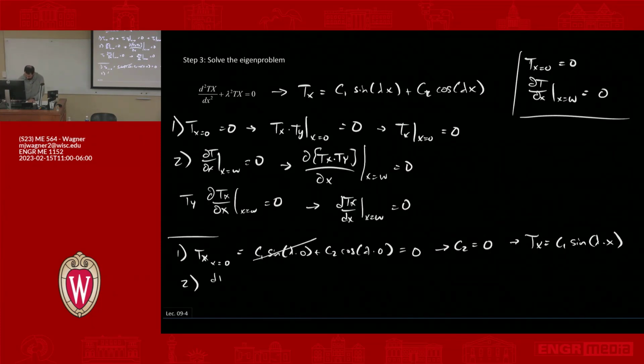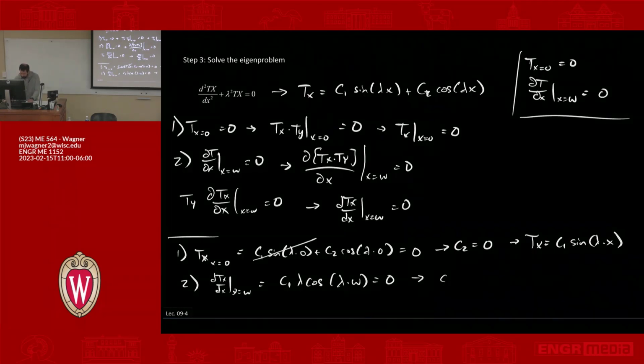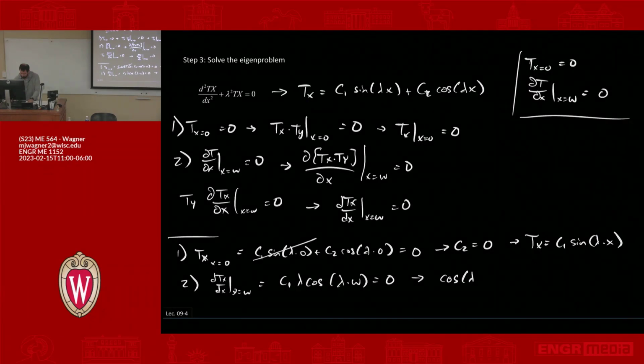So let's see, dT/dx at x equals w is C1 lambda cosine lambda times w is equal to 0. Okay, lambda can be canceled out of the left-hand side, and so can C1. So we're actually left with this kind of curious thing, which is saying cosine of lambda times w is equal to 0.